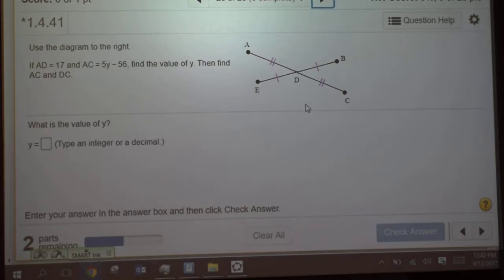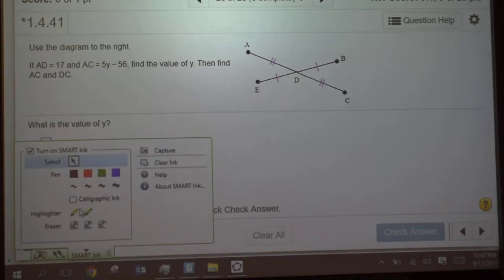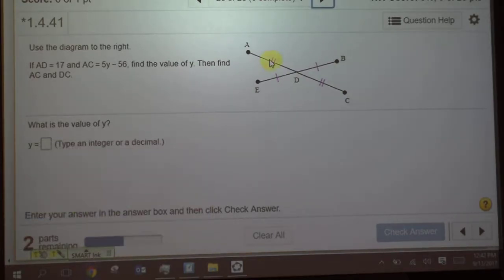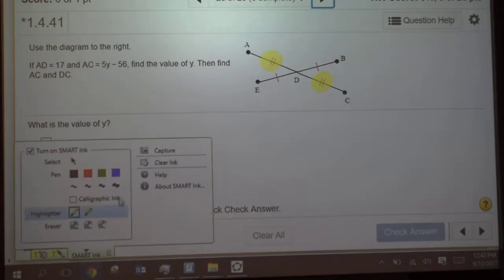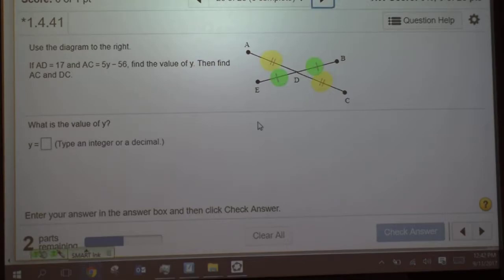So we've got the situation here where these two segments, when we see this notation, are doing what to one another? When I have that and that, what does that tell me about distance AD and distance DC? Okay, the shapes are congruent, distances are equal. And what about the green ones, what do you know about those two?